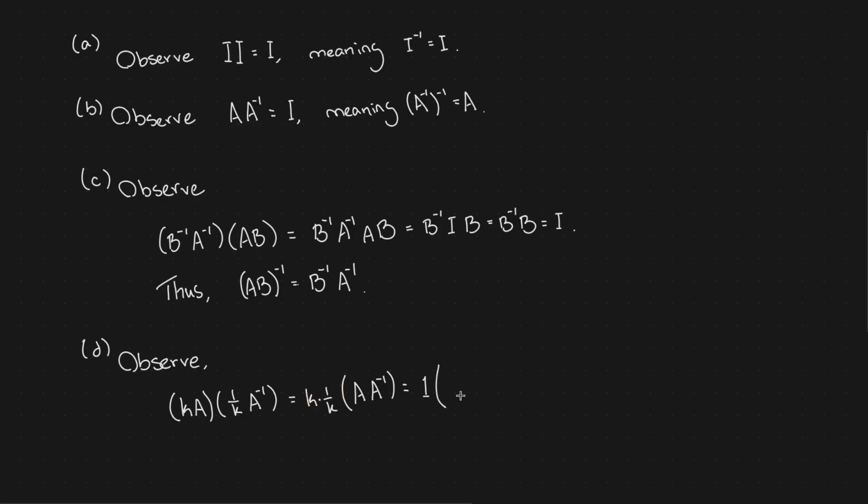And then A times A inverse, that is the identity matrix. And then 1 times the identity matrix is just the identity matrix. If I multiply any matrix by scalar 1, it just keeps the matrix the same. So because it is equal to the identity, the inverse of KA is 1 over K A inverse.